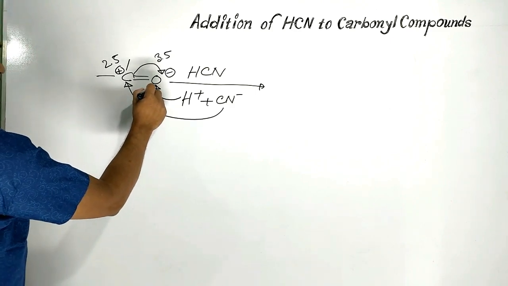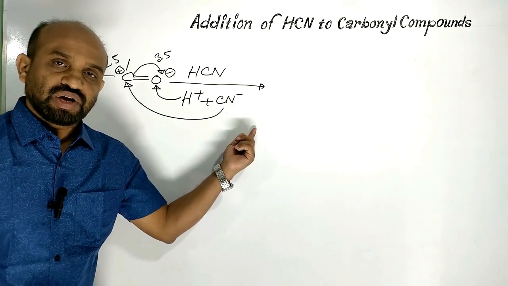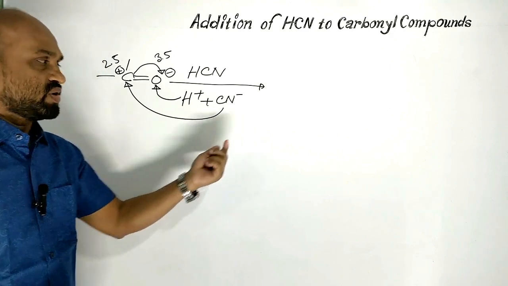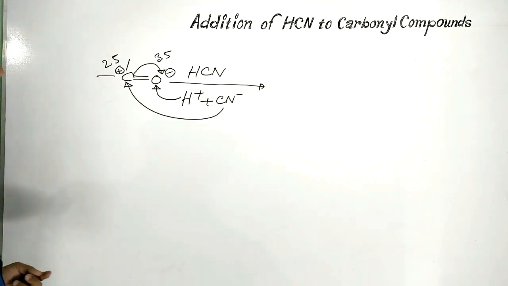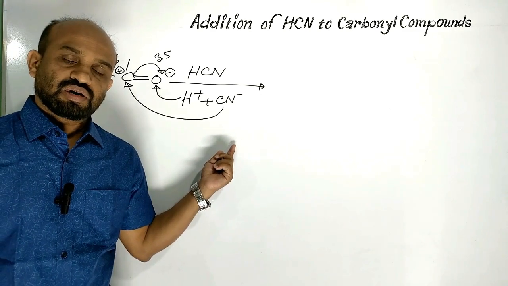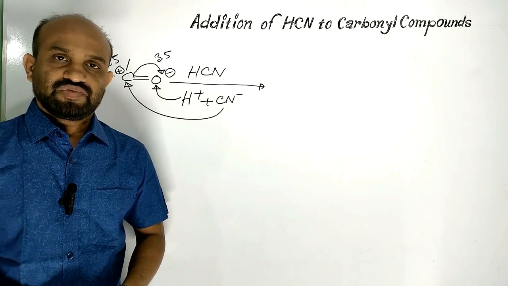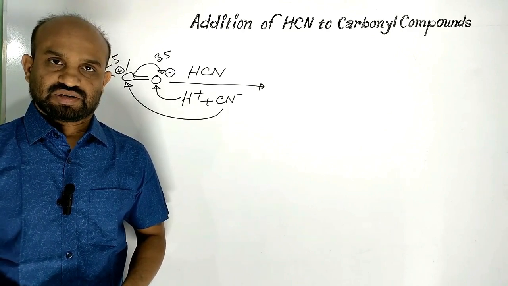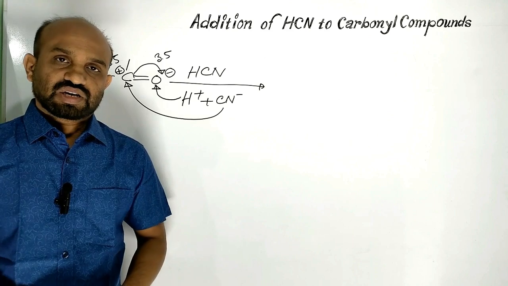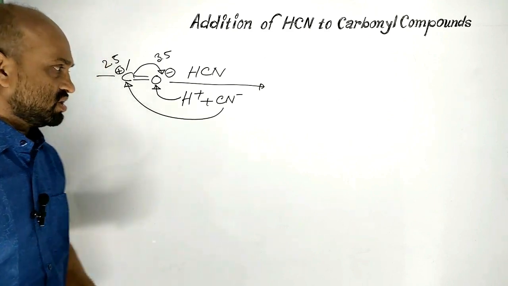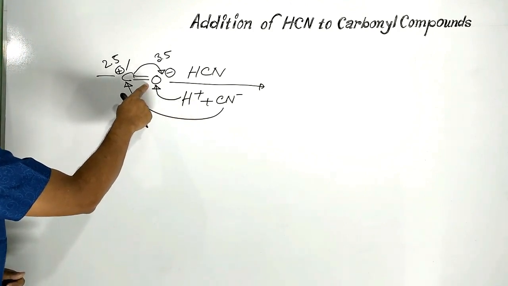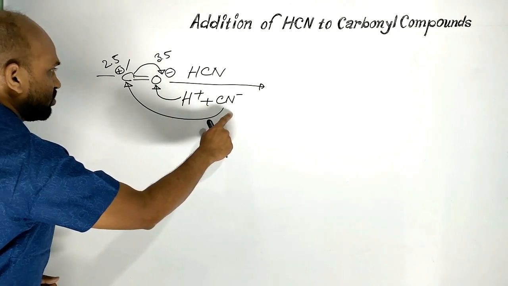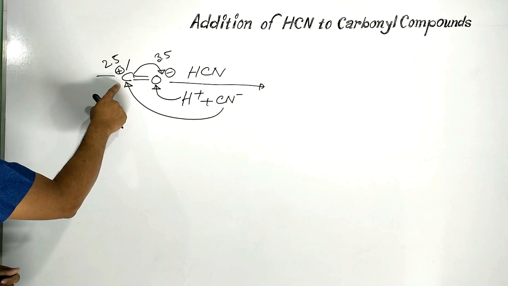Here nucleophile combines first with positively charged carbon. That is why it is said that carbonyl compounds give nucleophilic addition reaction, not electrophilic addition reaction. Here electrophile combines with oxygen, nucleophile combines with carbon.